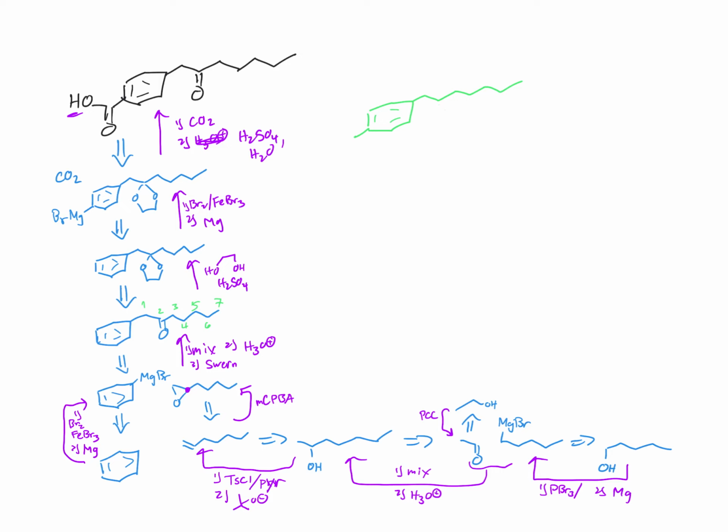Let's use a technique we saw in the first problem on this video. We protect that, and we have an aldehyde here. We could make that via MCPBA, a Baeyer-Villiger reaction, which turns our aldehyde into a carboxylic acid.